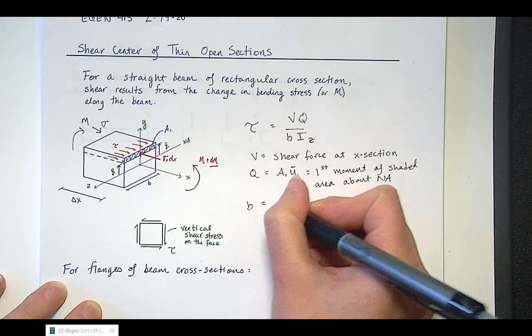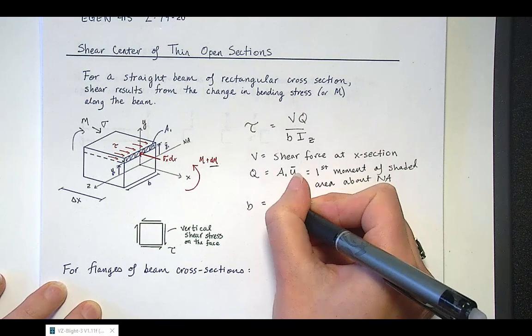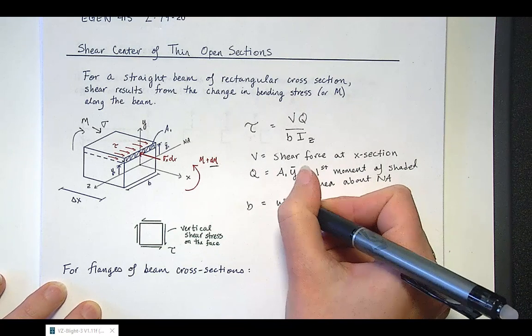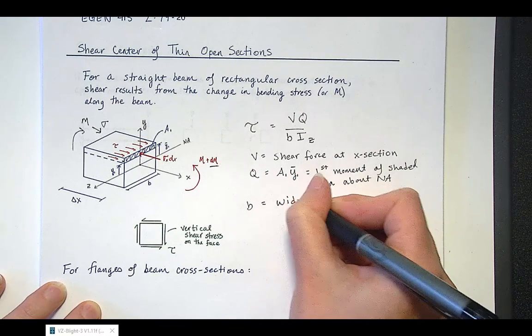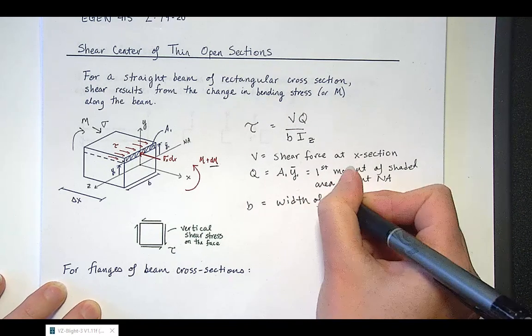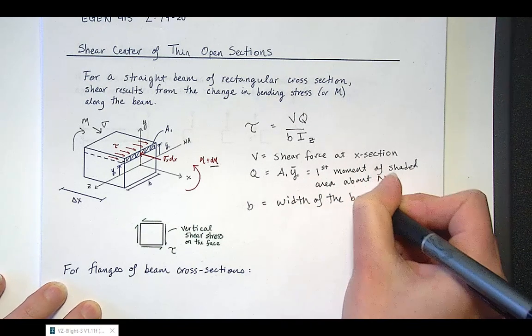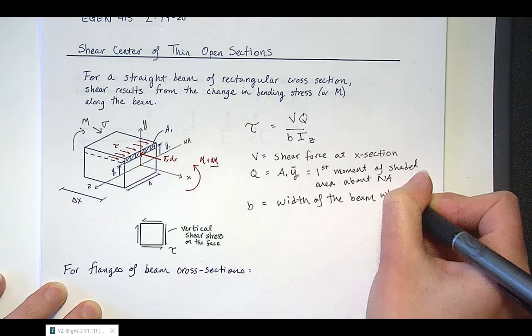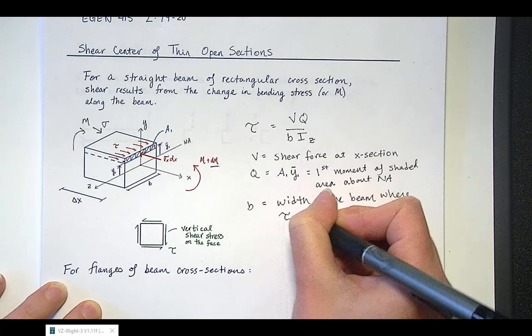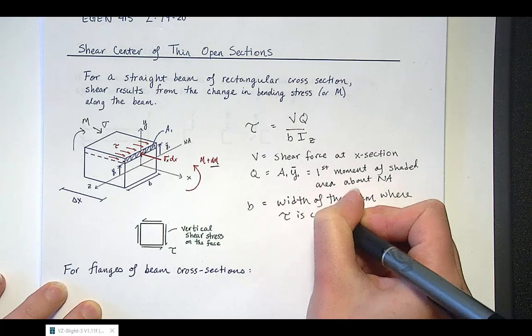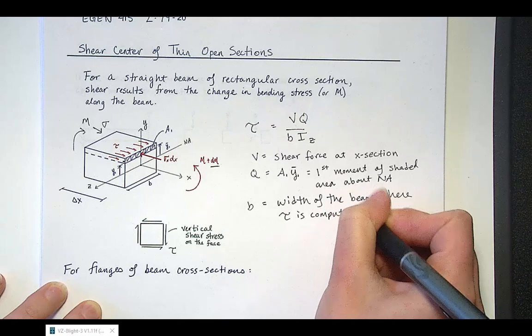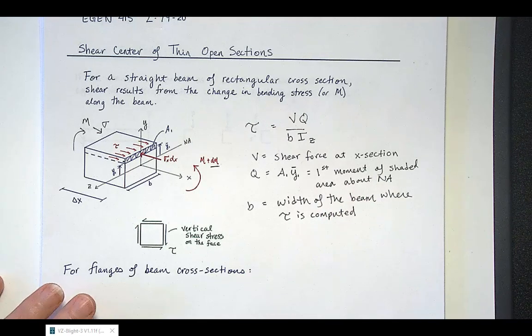B in our shear stress equation is defined as the width of the beam where shear stress is computed. And to be more general, if you have something other than a rectangular cross-section, it's the total width of the material.